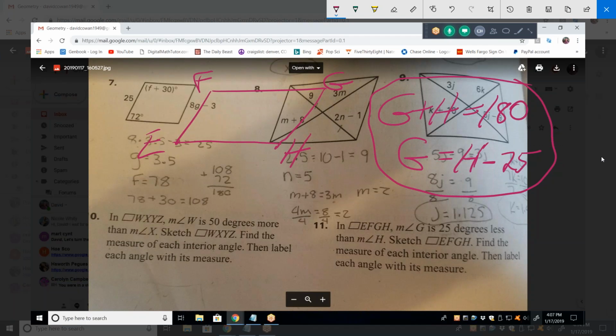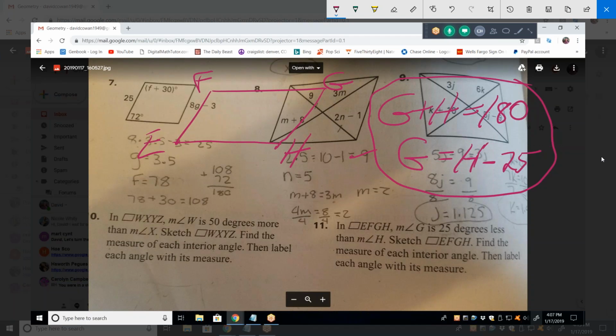You can solve them by substitution or you can solve them by elimination. What's a good way to solve this one? Substitution. Whenever you have one of the equations that's fully defined in one variable, like this one is, G right here, we know what G is. It's H minus 25, okay?